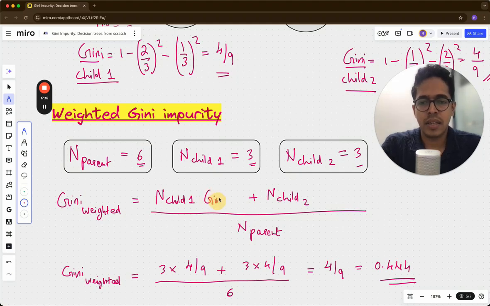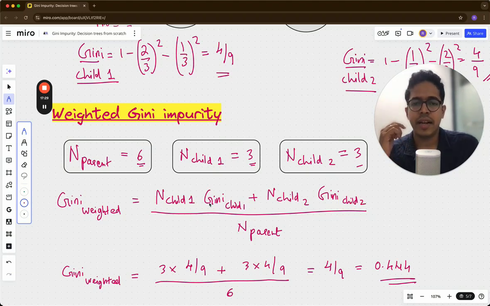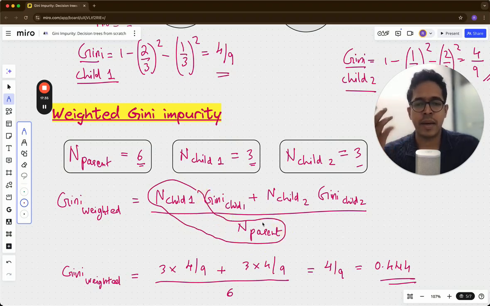So Gini of child 1, and this is Gini impurity of child 2. So Gini impurity of child 1 is multiplied by number of data points in child 1 divided by the number of points in the parent. So that is the weight associated with that Gini impurity.